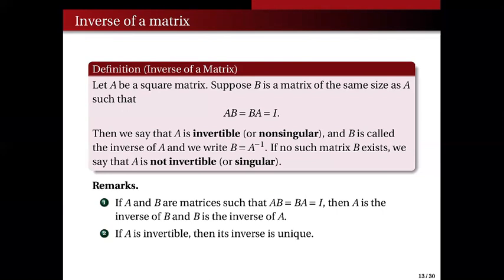If you have a matrix which is invertible, then there is only one inverse. There will be no other inverses for that matrix. So the inverse is unique if it exists.